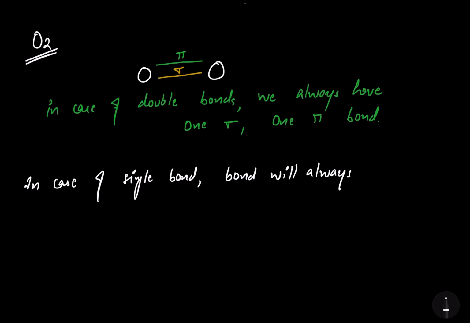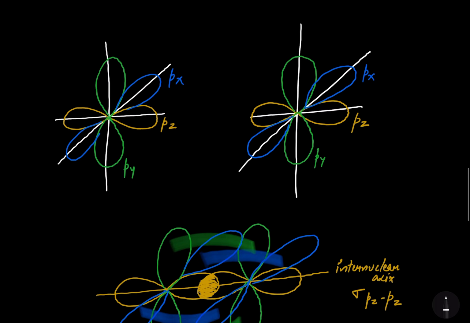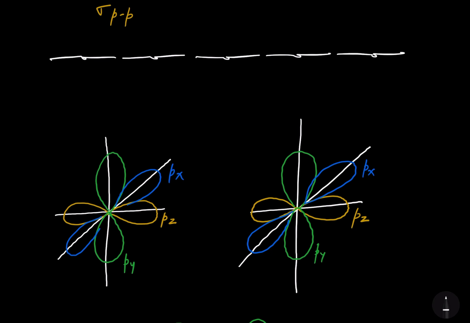Bond will always be sigma bond. So the very first condition for the formation of pi bond is that there must be one sigma bond. Only then the formation of pi bond will take place.